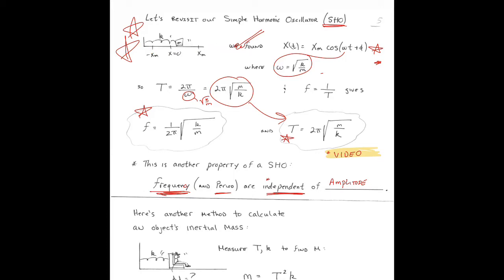The period is going to be exactly the same. So I'm going to show you a video of an oscillating system. At one point the amplitude is small, it oscillates back and forth, and you can measure the period. Then they do it where the amplitude is large, it oscillates back and forth, and you can see that the period is exactly the same.